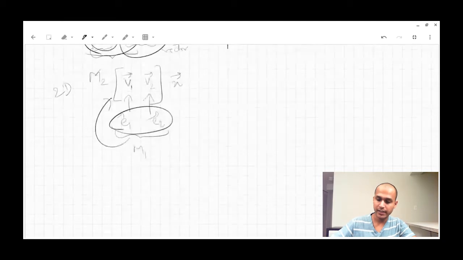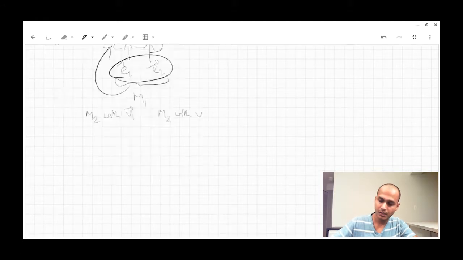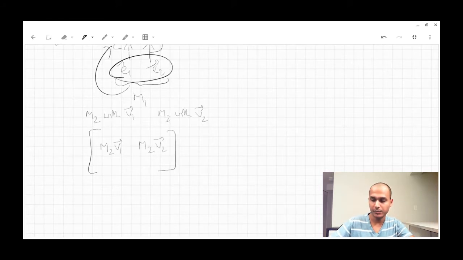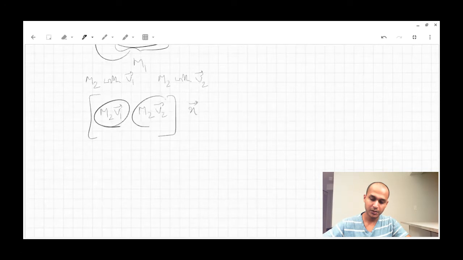That is as good as saying, let me think of multiplying M2 with v1 and M2 with v2. And then there's the input x vector that I anyway have to multiply. So M2 times v1 is going to be another vector, and M2 times v2 is another vector.